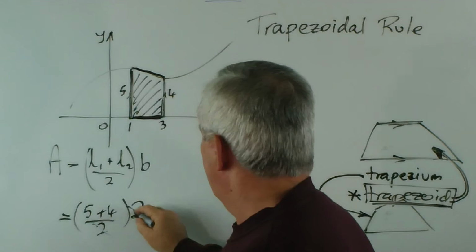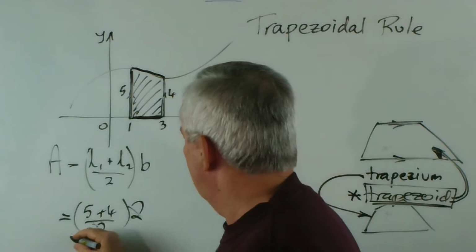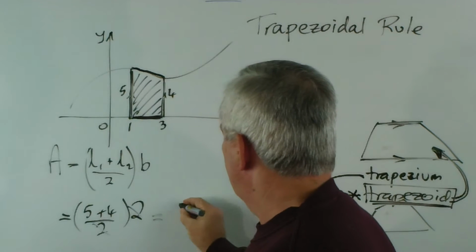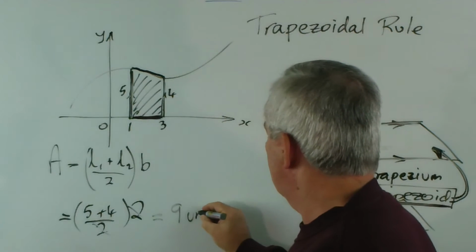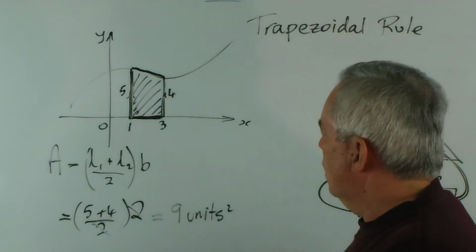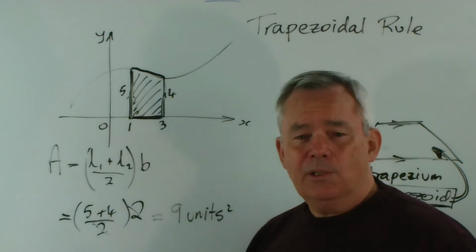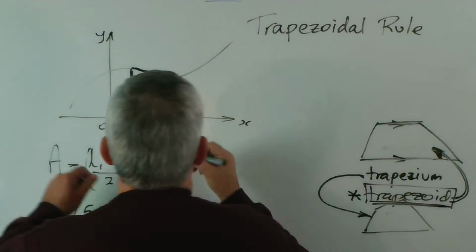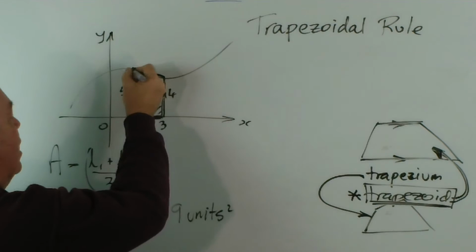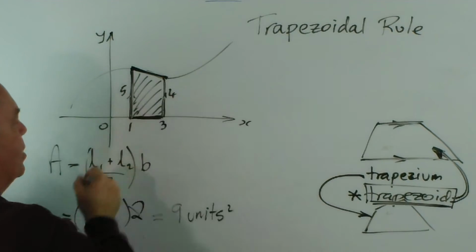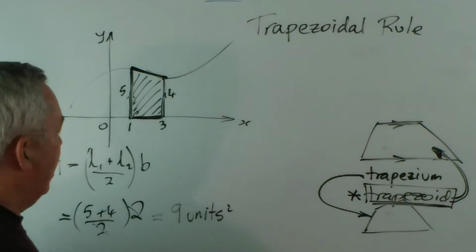And of course I could divide these 2's out and the answer would be, I'm running out of space at the bottom, the answer would be 9 units squared. And that, in its glory, is the trapezoidal rule used for estimating the area under a curve by saying we will actually find the area of the trapezium or the trapezoid by joining these 2 points and saying the curve's fairly close to that.